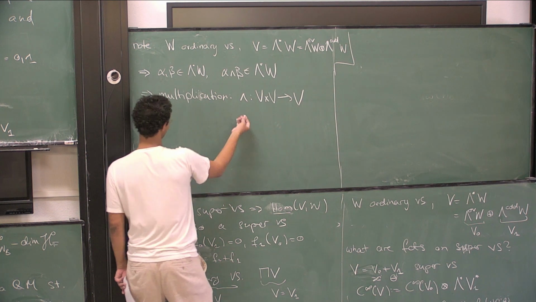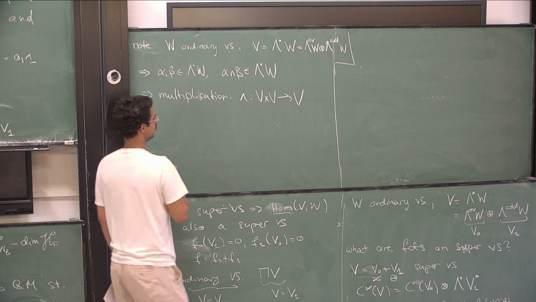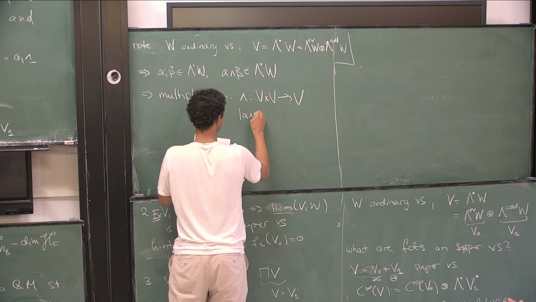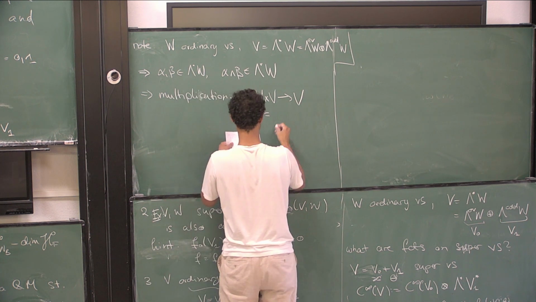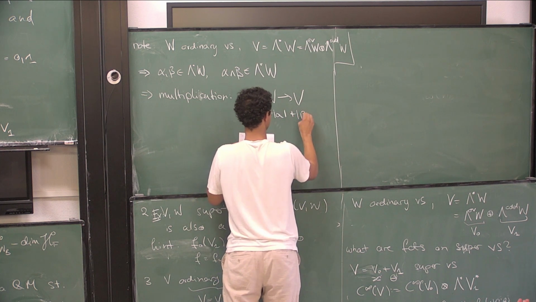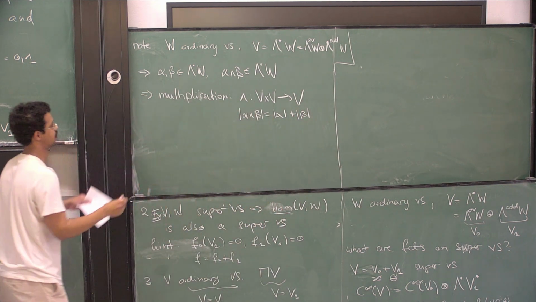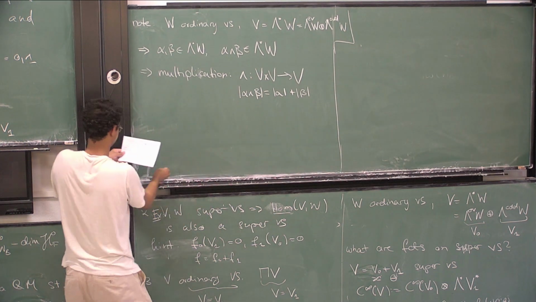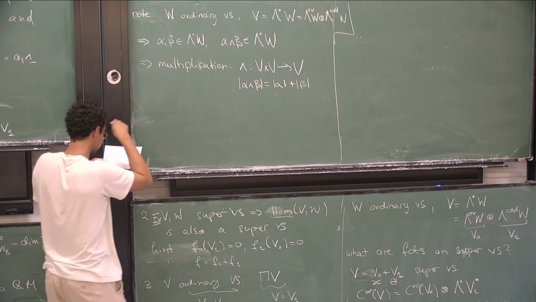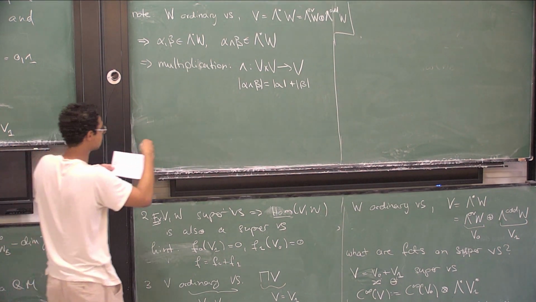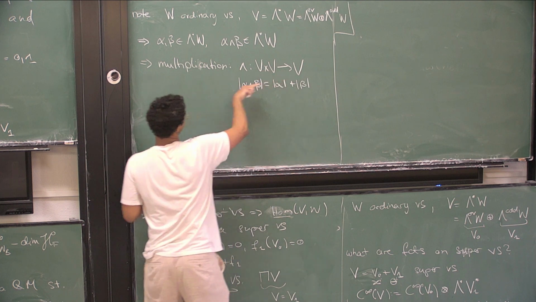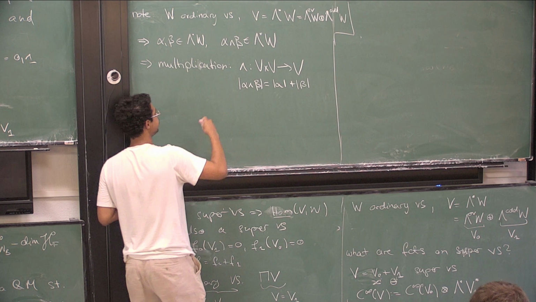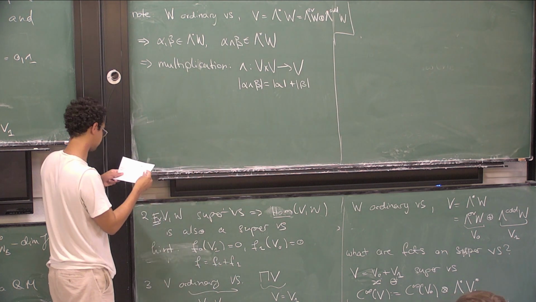So if you look at this parity map, the parity of alpha wedge beta is just the parity of alpha plus the parity of beta, where the parity is the degree of your multilinear element. This basically means this multiplication is compatible with the grading.